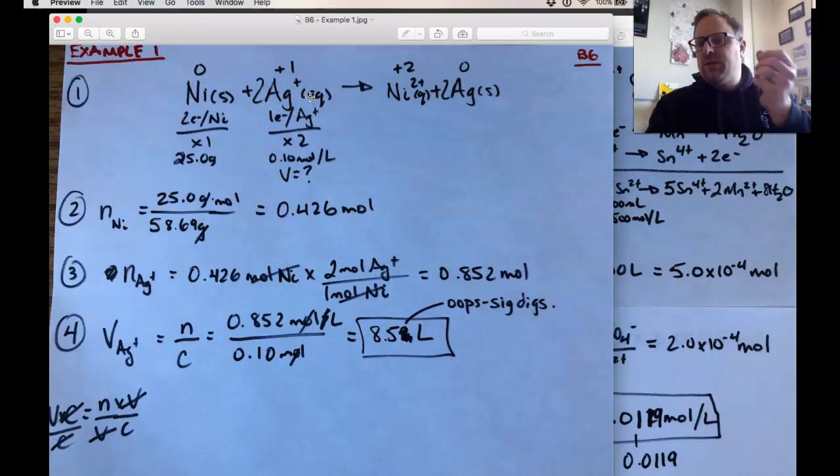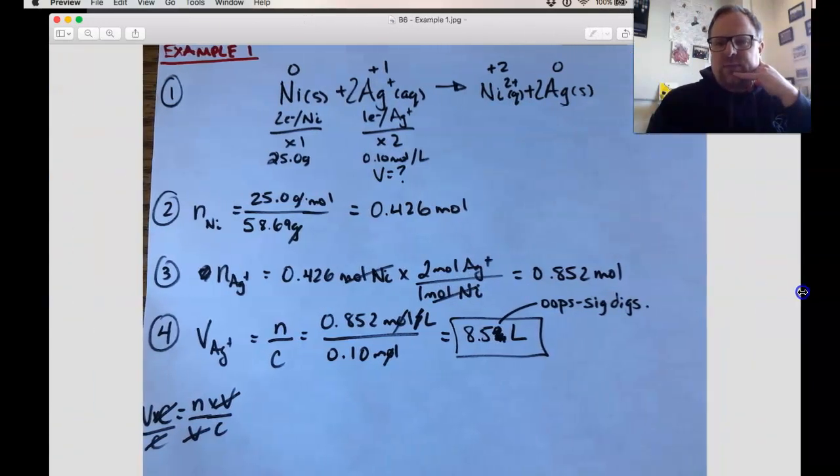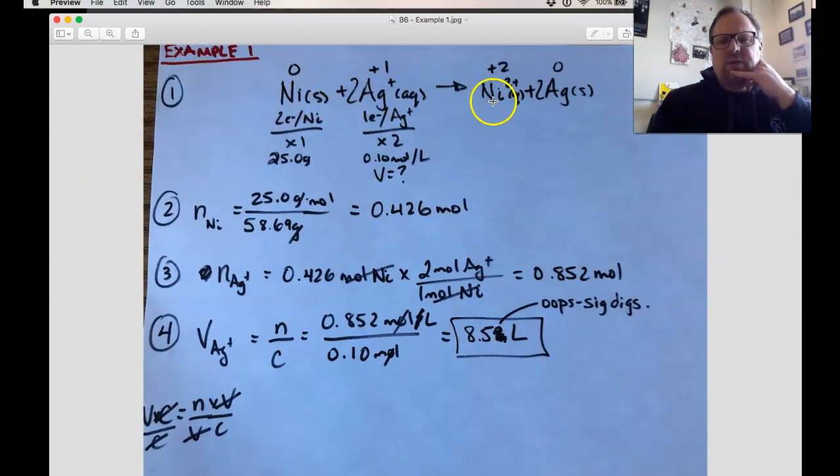But we know that silver nitrate tends to be a spectator, so we're not going to worry about that at this point. The other thing going on here is nickel is going to turn into nickel ions, and we're trying to recover solid silver. That's the whole purpose of this reaction. And so we're going to end up with elemental silver when we're done.